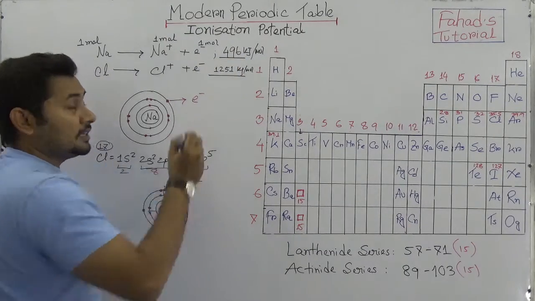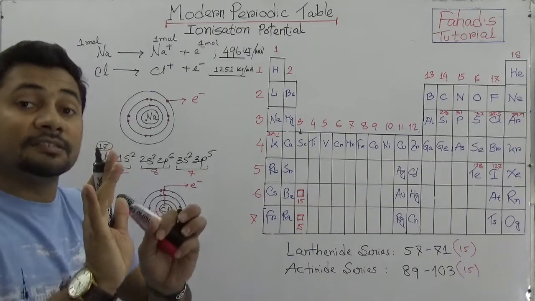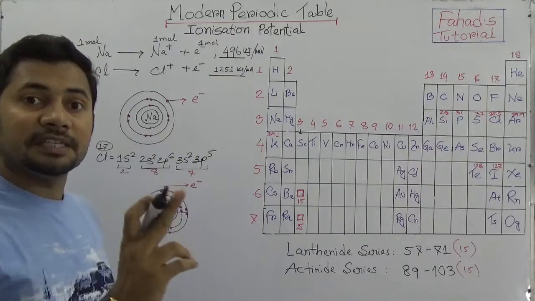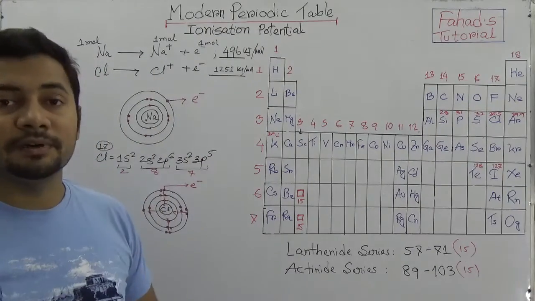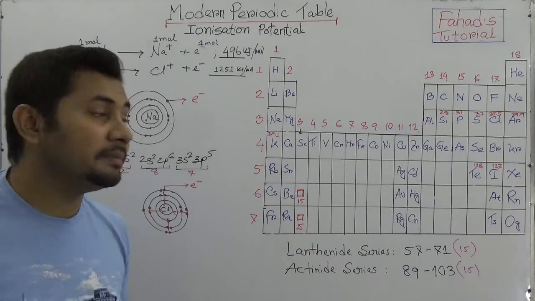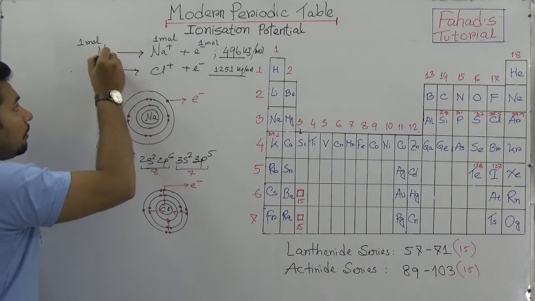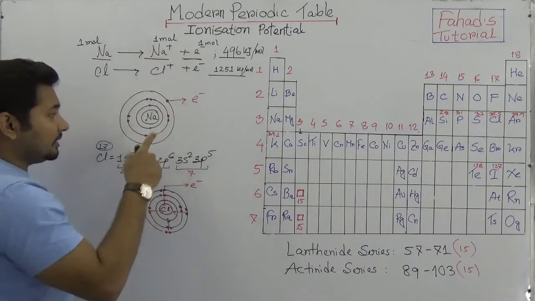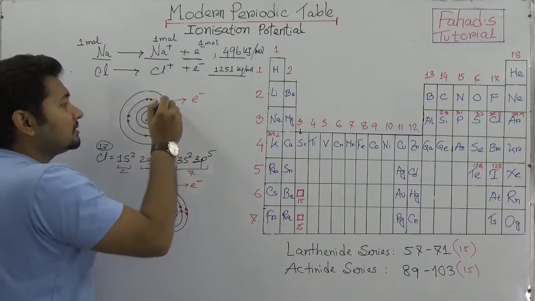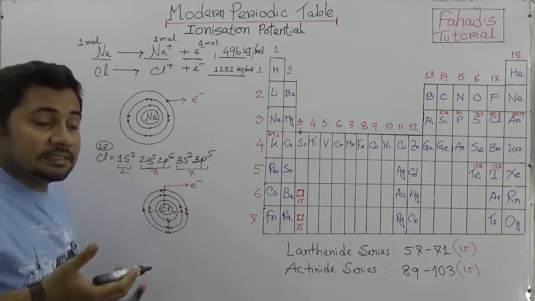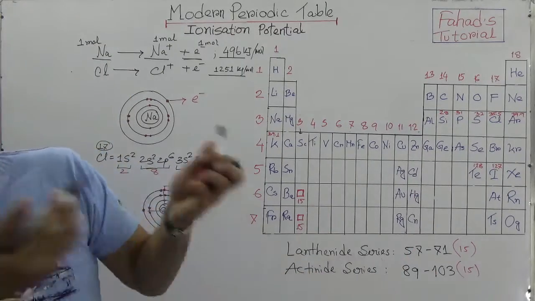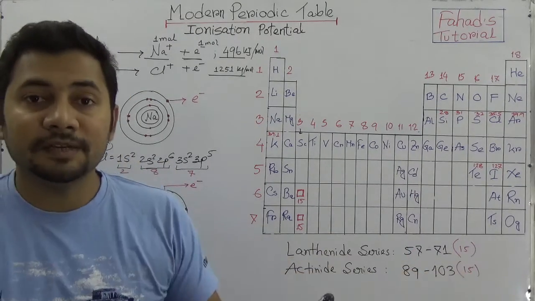There is 496 kilojoule per mole for sodium's first ionization energy, but for chlorine the first ionization energy is 1251, which is almost 3 times greater than sodium. Why? Because removing 1 electron from a sodium atom is very easy as there is only 1 electron. Sodium is naturally prone to donate electrons.